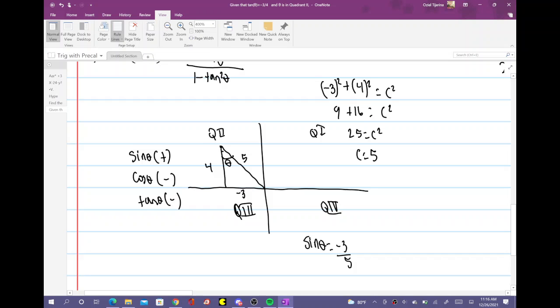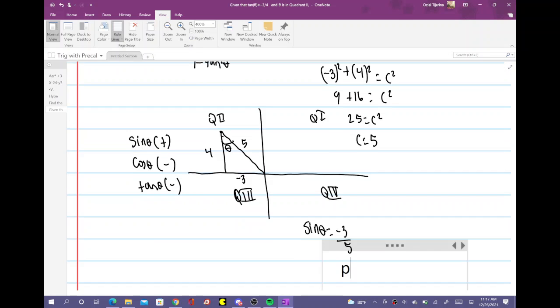And cosine theta. So give me a second, guys. Okay, so sine is positive in quadrant 2. Cosine is negative and tan is negative. The reason why I know that is because cosine is x, tan is y over x.